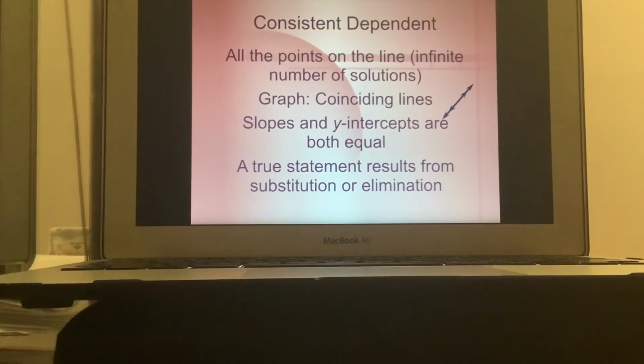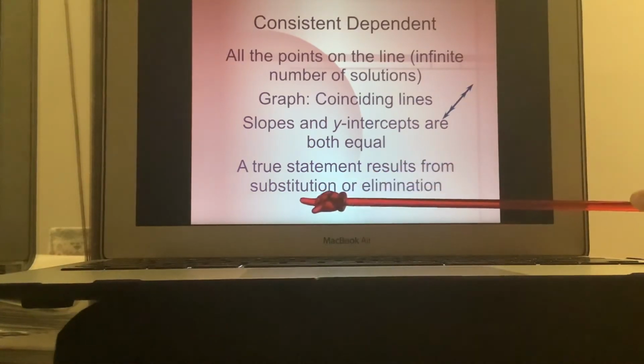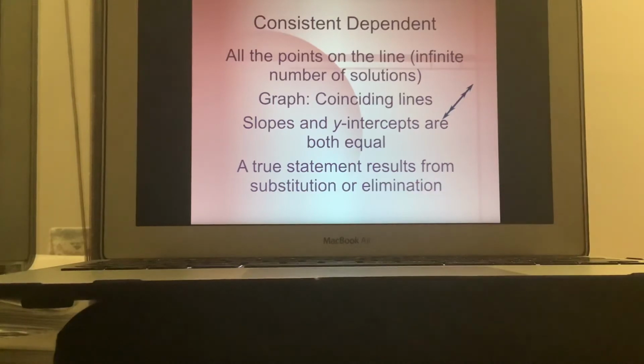That means the two statements are equal, and you can solve for x and y, using either the substitution method or the elimination method.